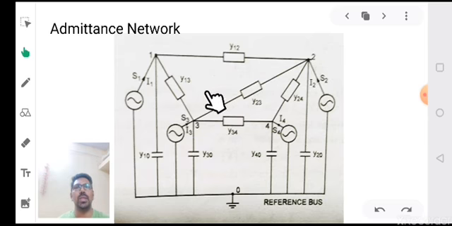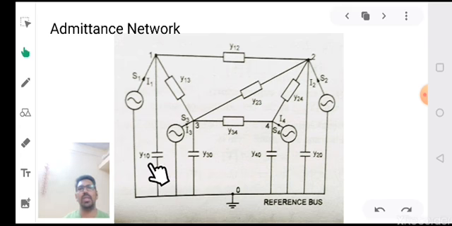Suppose there is a connection between node 1 and node 3, the admittance is Y13. Similarly we show all the admittances: Y13, Y12, Y34, Y23, Y24.